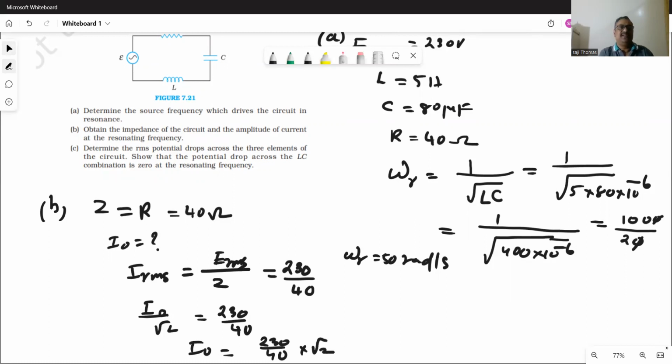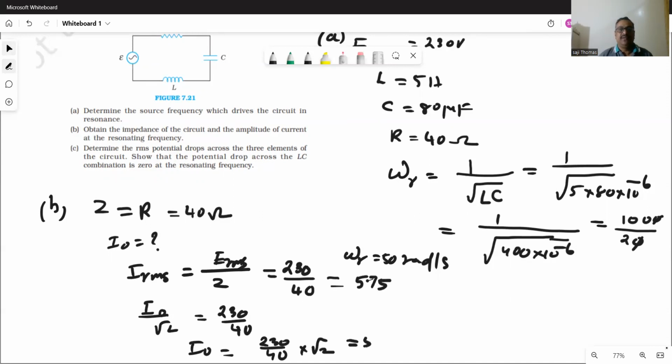See, you first calculate IRMS. IRMS value is needed for the next question. That's why just calculate IRMS. 230 divided by 40 is 5.75. IRMS is 5.75.